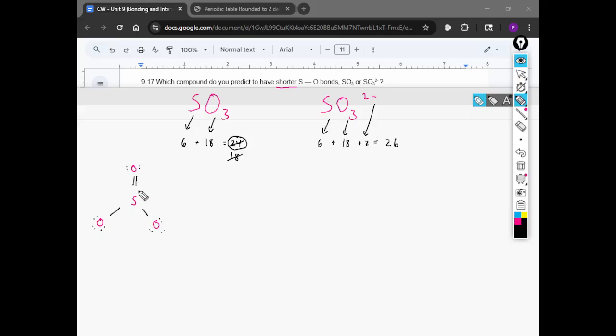Okay, so like Micah said, we can do a double bond here, but if you remember from last time with the resonance structure, we can also force this sulfur to have a double bond with either this one or this one. So those are all viable options. We can have a double bond with the top oxygen, or this one right here, or this one right here.